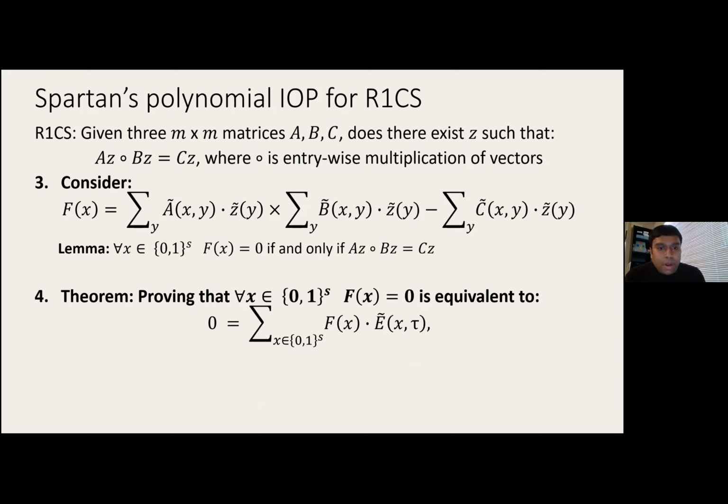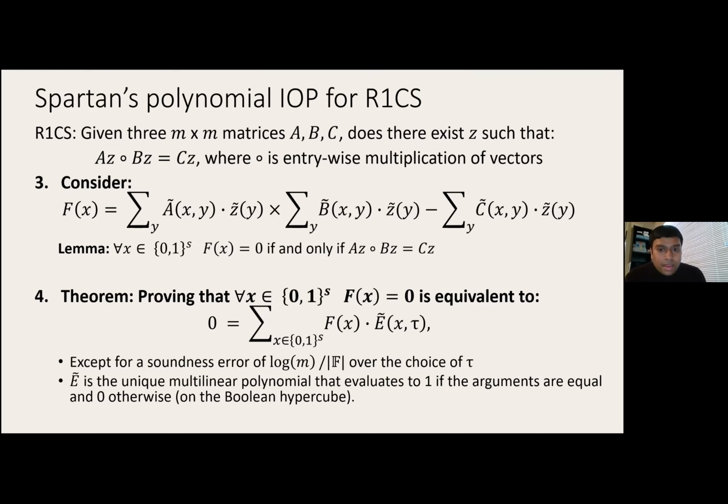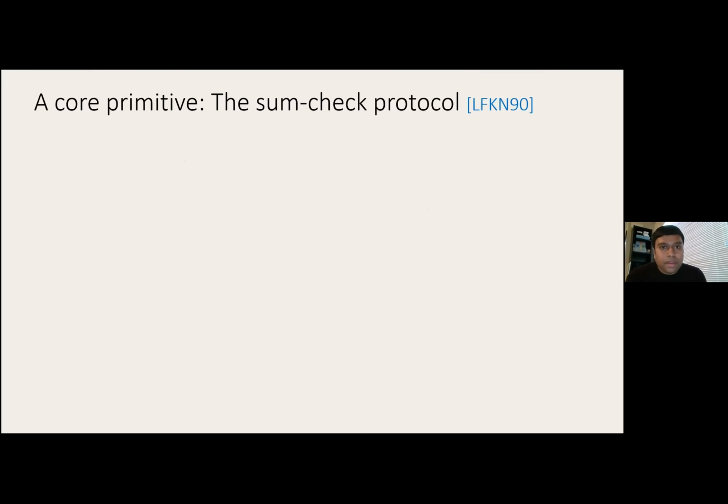There's a unique property about this sum, which is that except for a small soundness error over the choice of tau, the sum is 0 if and only if f of x is 0 over the entire Boolean hypercube {0,1}^s. And e tilde here is the unique multilinear polynomial that evaluates to 1 if the arguments are equal and 0 otherwise over the Boolean hypercube.